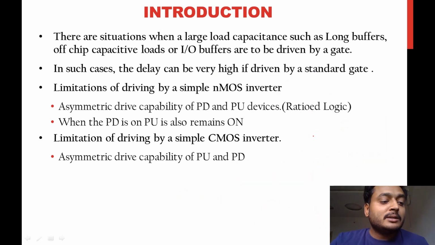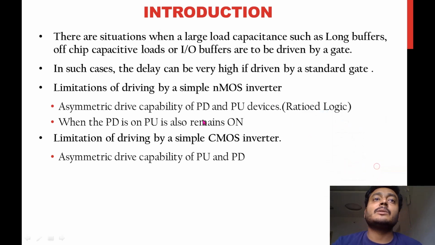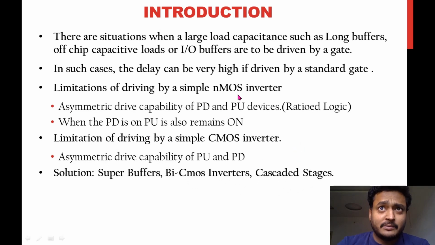Having understood fan out and fan in, we'll go for another concept here. We have some limitations for the NMOS inverter, such as asymmetric driving capability of pull down and pull up devices because of ratioed logic, and other concepts. We'll see these limitations of NMOS and CMOS inverters and how to overcome them.